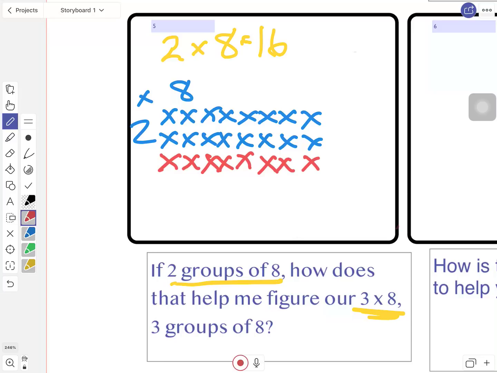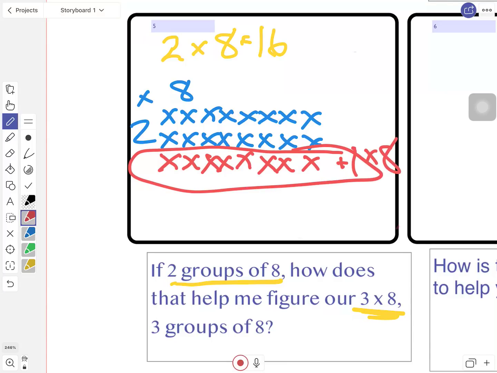That's just one more group. I added one group of 8. So now I have 3. Wait, so I can just take my product and add my group of 8.